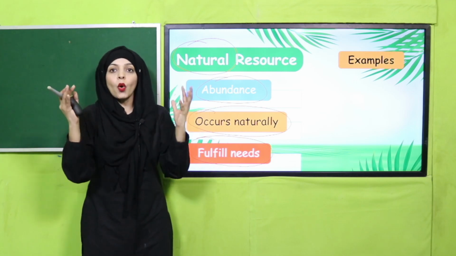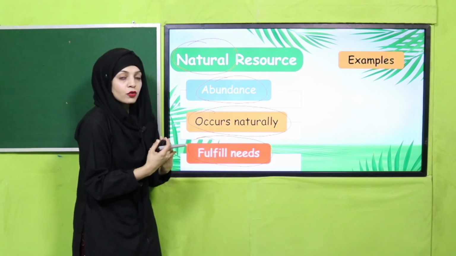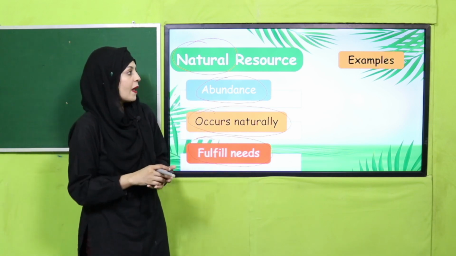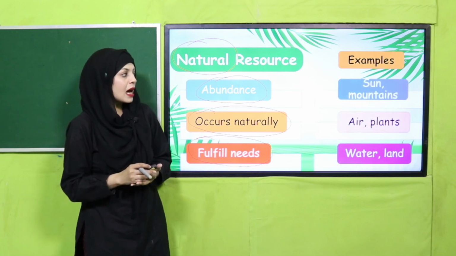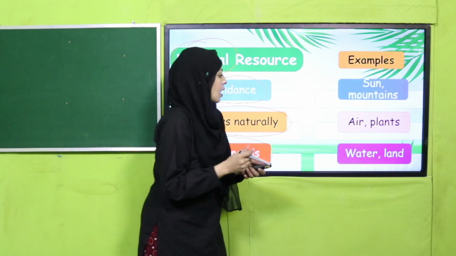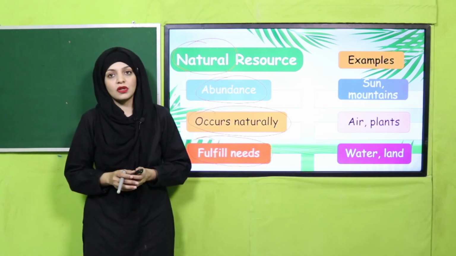Okay? कोई भी चीज जो कि बहुत ज्यादा तादाद में हो और उससे हम फायदा उठाएं उसके स्टोरेज से, that is called a natural resource. और एग्जाम्पल्स क्या है? sun, mountains, air, plants, water and land. These are all natural resources.